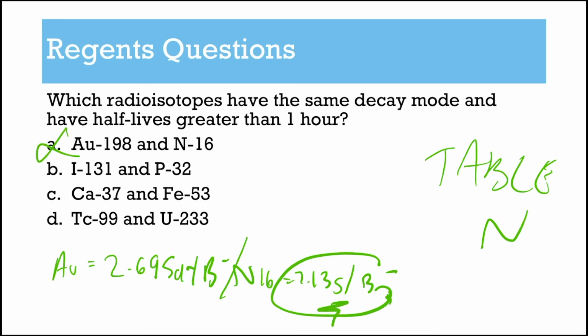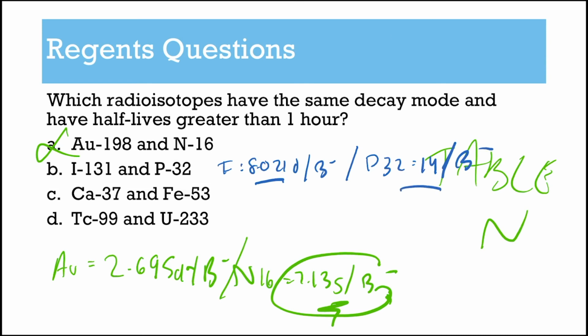It can't be A. B, iodine-131, the half-life is 8.021 days and it's beta minus. And P-32 has a half-life of 14 days and is beta minus. So both of these are more than an hour and they have the same decay mode.